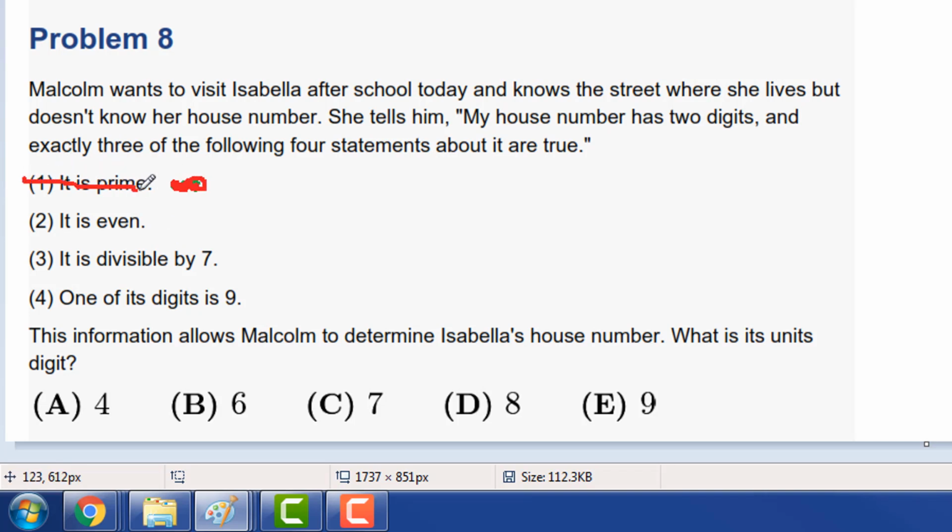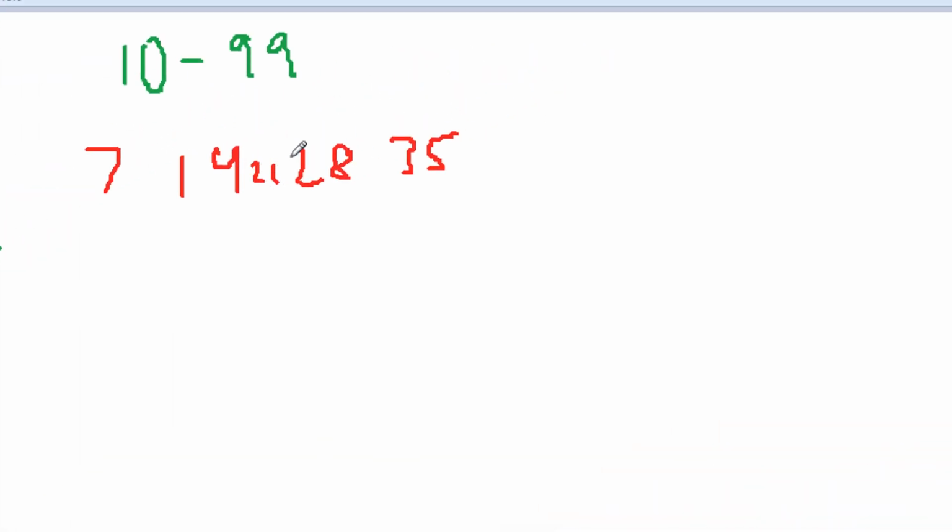So let's just say that these are the 3 criteria. It's even, it's divisible by 7, and one of its digits is 9. So it's even, it's divisible by 7. So, 7, 14, 21, 28, 35, 42, and so on and so forth. There's only about 14 numbers below 100 that are multiples of 7. We don't see any 9s here yet. One of its digits is 9.